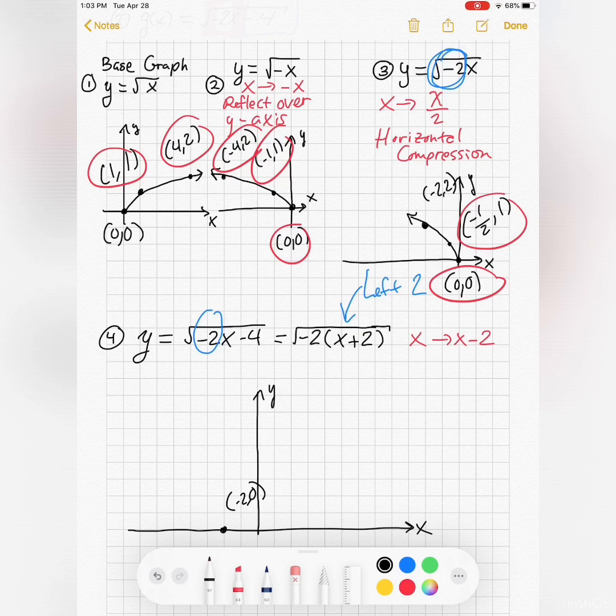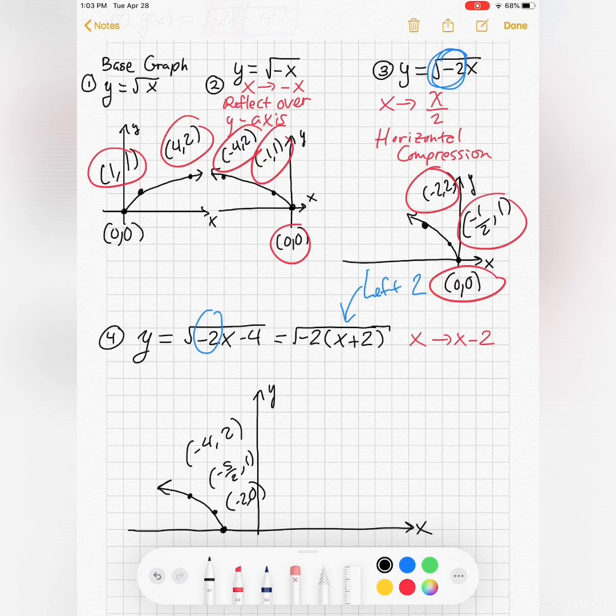So -2.5, 1. Or -5/2, 1. -2, 2. That'll be at -4, 2. And there we have it.